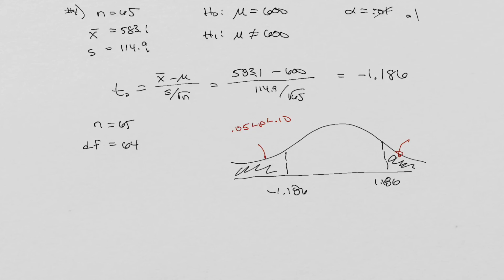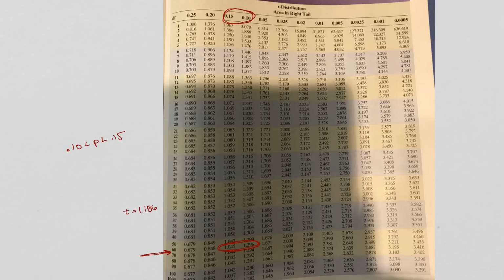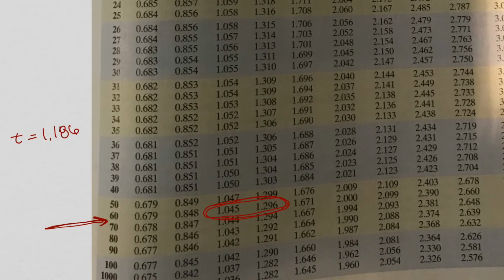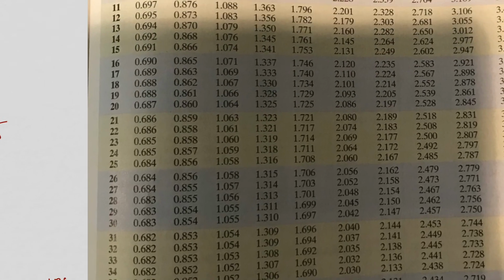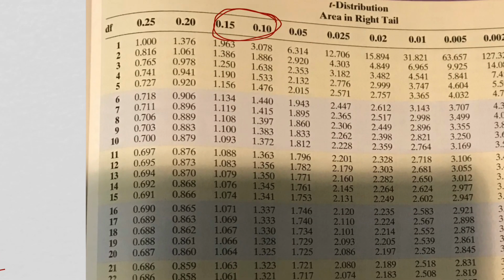So again, due to symmetry, same thing here. So if we add those two together, I know p is somewhere between 0.1 and 0.2. Right? And again, if we look at my charts back here, if I blow this up a little bit, 1.186 might be a little bit closer to this side, which means it might be a little bit closer to this p-value, but it's still a little bit bigger than 0.10.